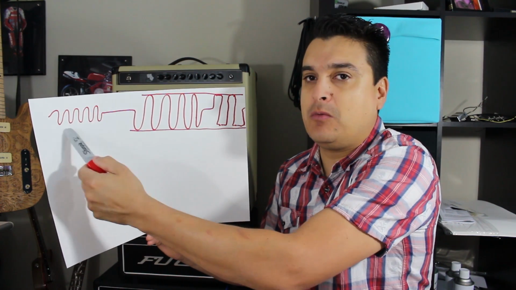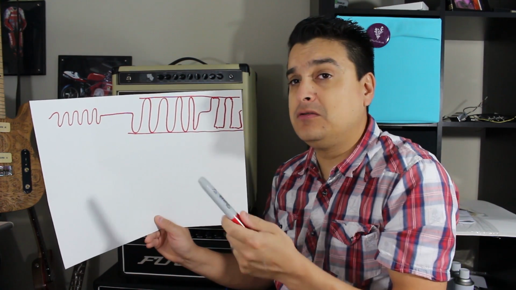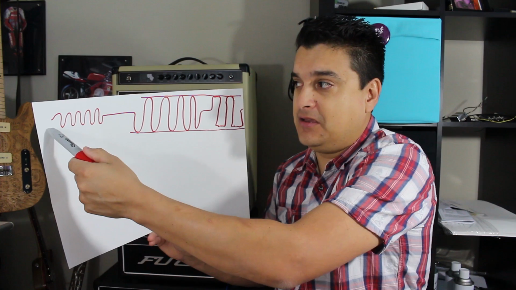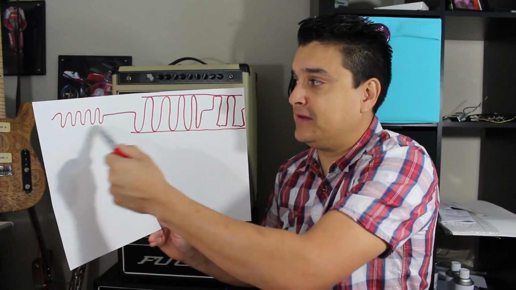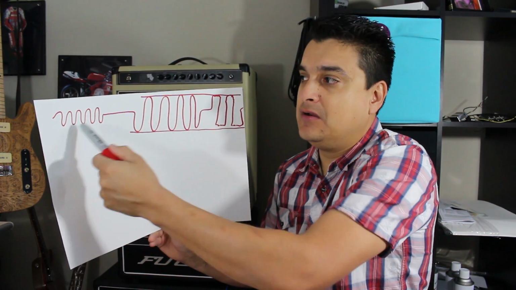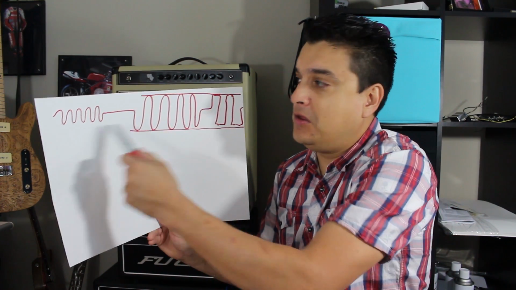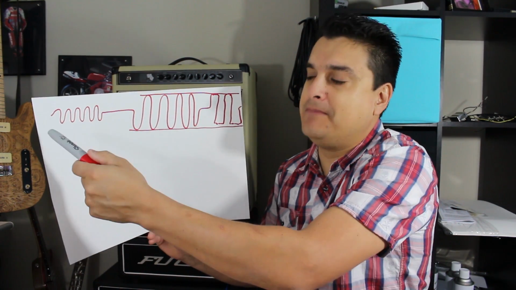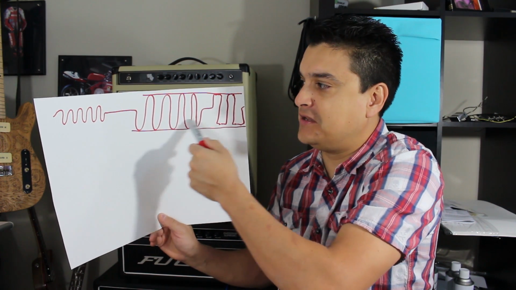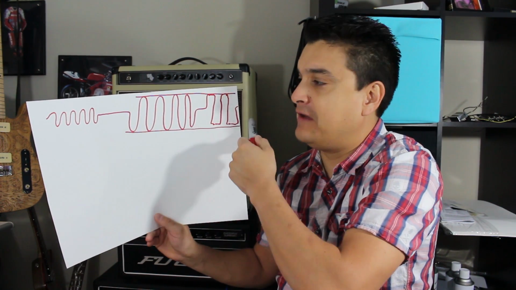can be affected by what we put into it, including how we play, because we can affect what happens over here with our hands before it even goes into the pickups. So all these things affect each other in a cascading effect as we go down the line.